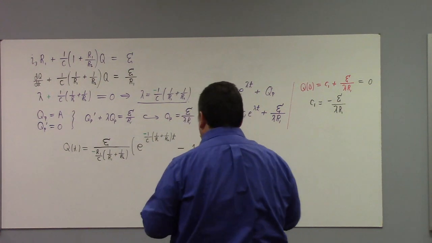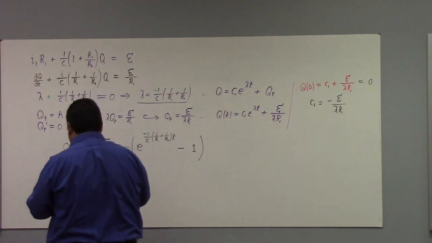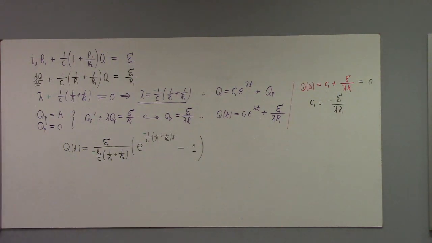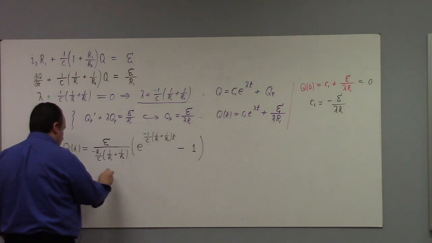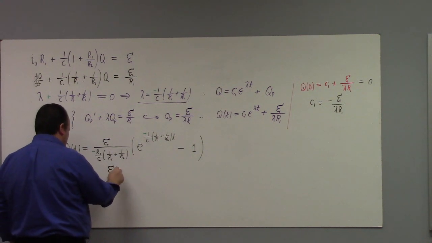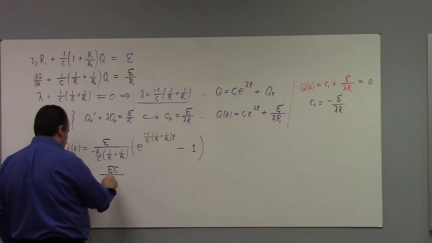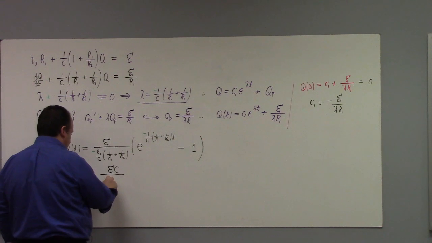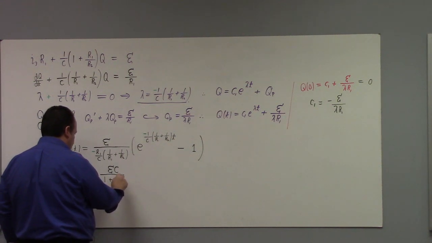All right, so if I do that, then let me rewrite my answer in a more natural way, which is E times C divided by 1 plus R1 over R2.